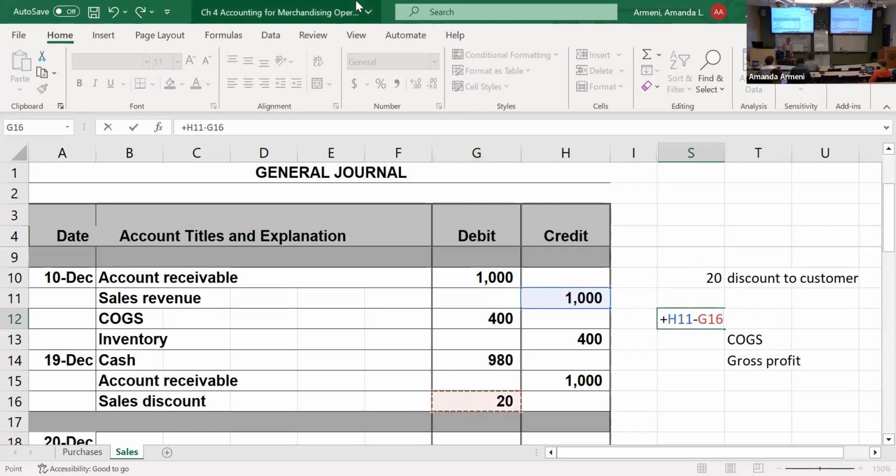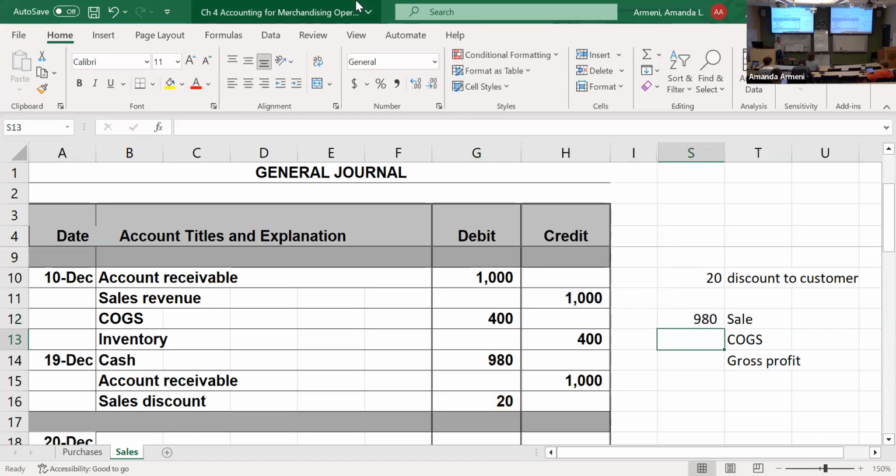This is called your net sales amount. The gross sales amount, just how much the sticker price was to the customer, is $1,000, but then you gave them a discount. So your net sale amount is actually $980.